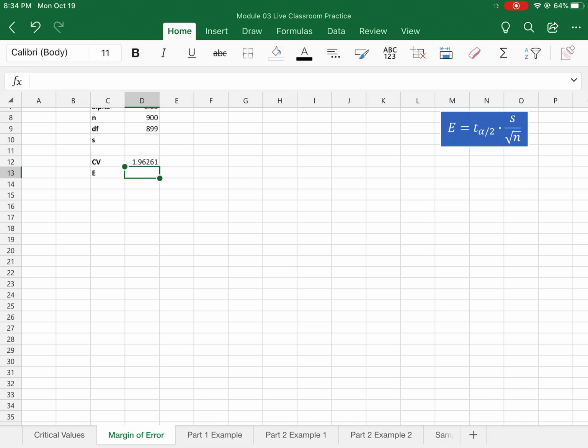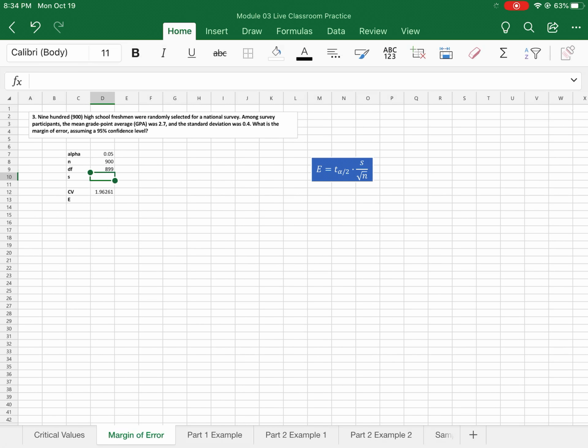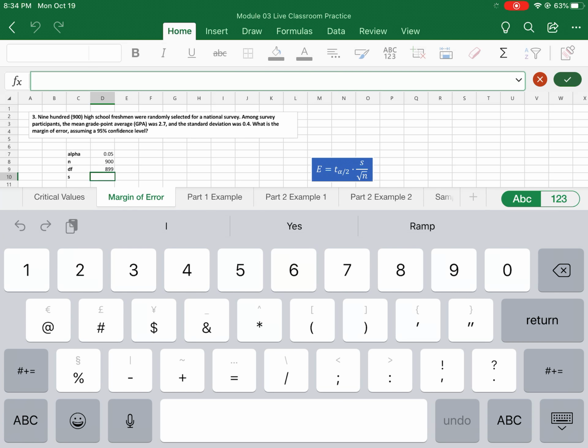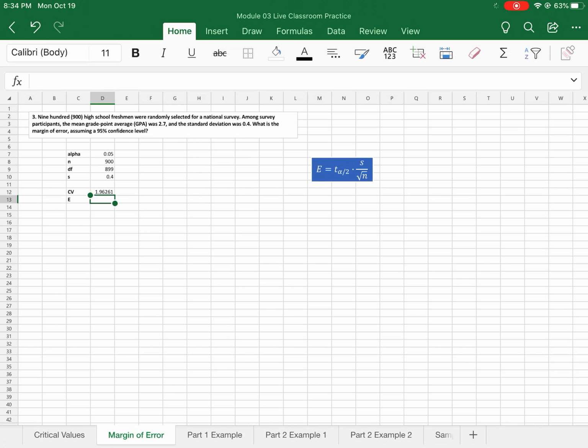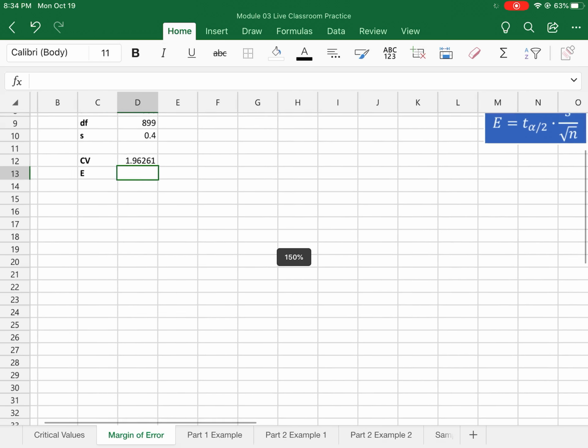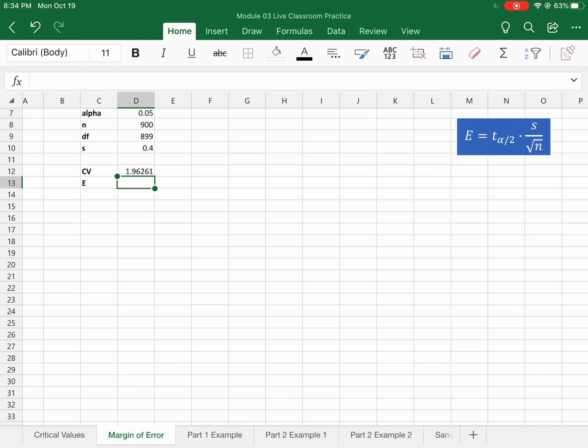Okay, so now I can actually go ahead and find that margin of error. So the S, if you remember correctly from that slide, your S is the standard deviation for a sample. So my standard deviation was 0.4. And in this case, I'm just going to type that in. So 0.4. And now I can go ahead and find that margin of error. So I'm going to use this equation here.